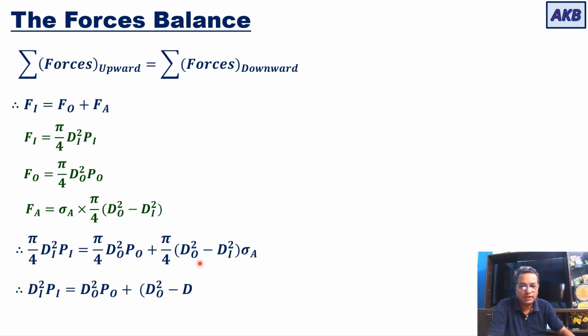And pi by 4 can get cancelled out. So you have di square pi is equal to dO square Po plus dO square minus di square into sigma A. That is di square pi minus dO square Po is equal to dO square minus di square into sigma A. I have rearranged it.